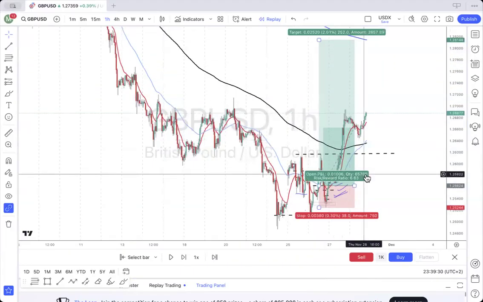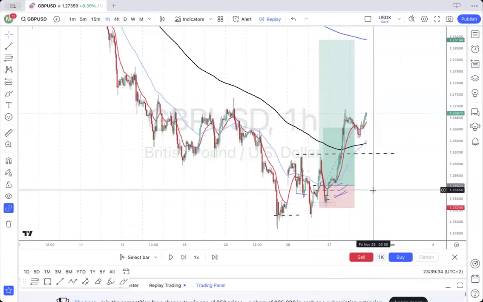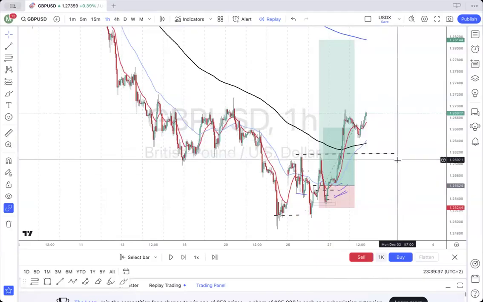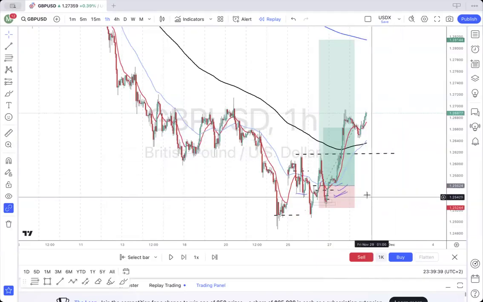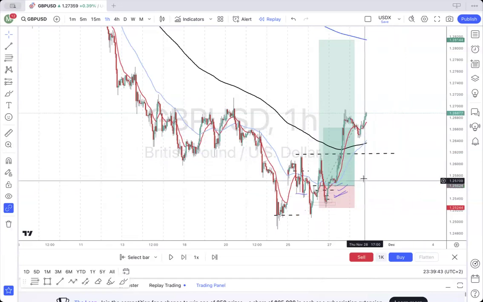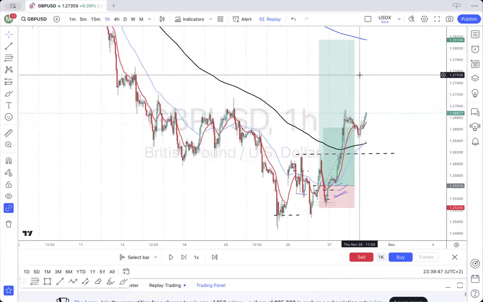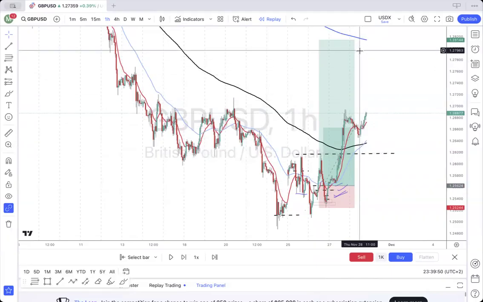So imagine I'm willing to lose $100. I'm willing to lose $100, but I know when this goes right, I'm going to gain 100, 200, 300, 400, 500, or 550, 600, something like that.